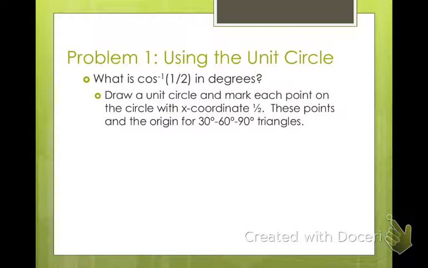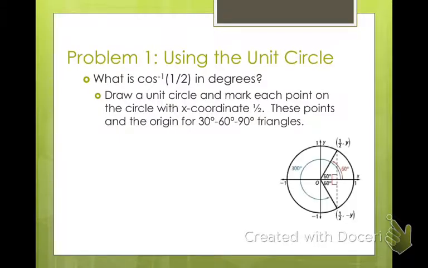If we draw a unit circle, 1/2 that's positive is in quadrant 1 and quadrant 4. These points and the origin form a 30, 60, 90 degree triangle, because if you remember, that value 1/2 is at 60 degrees.